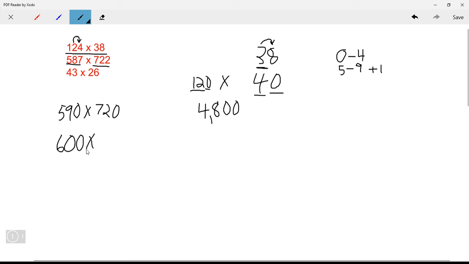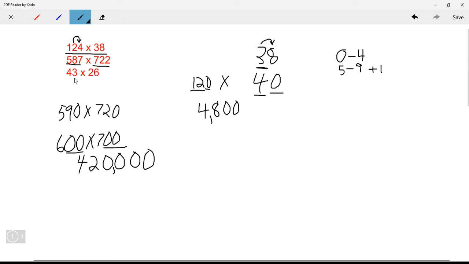And then 722, we start at the 7, we see that the 2's next to it, so that's going to be times 700. Okay, so this 6 times 7 ends up being 42, and then I would add 1, 2, 3, 4 zeros, which would be 420,000. I just added the 4 zeros from both numbers. Okay? So that's how you do that.